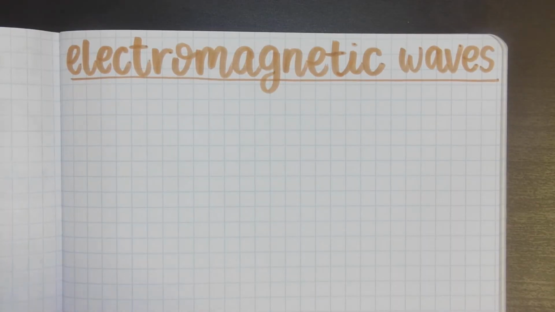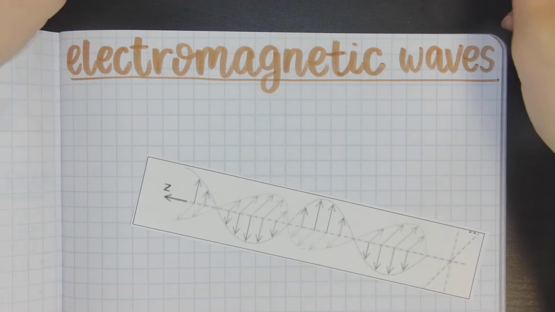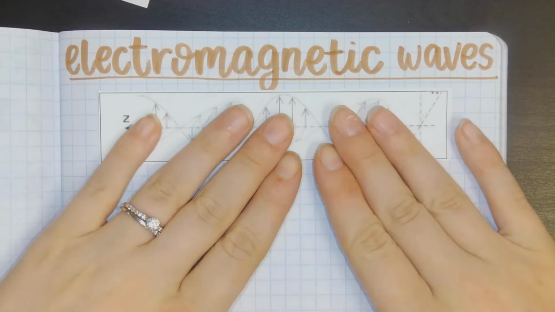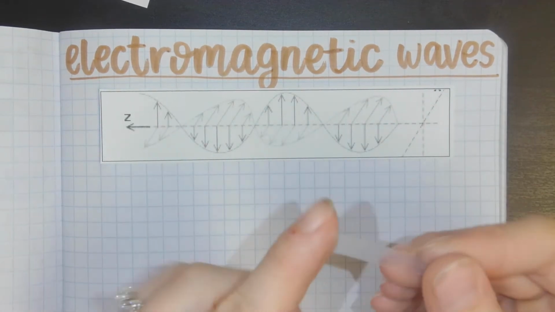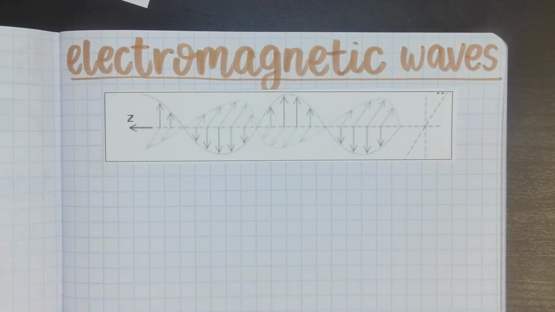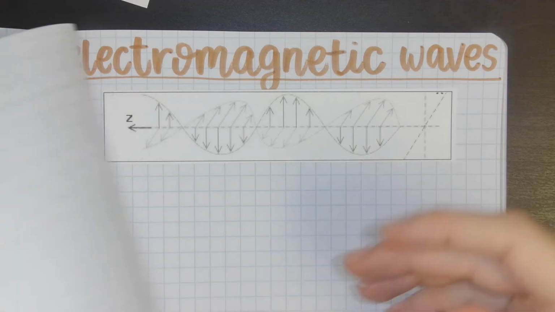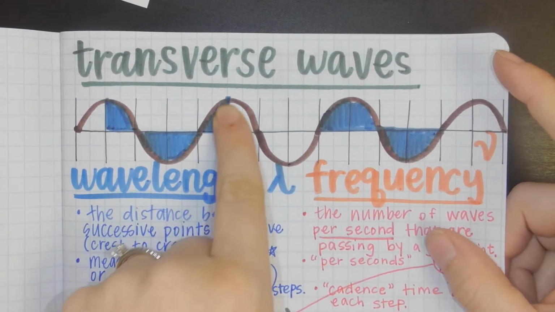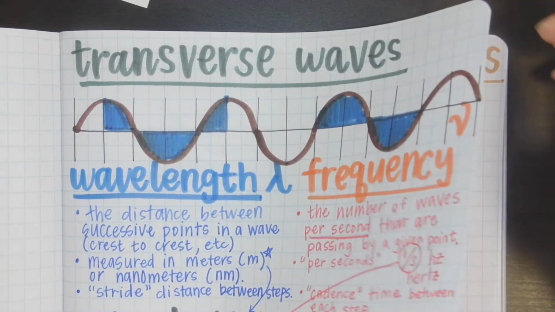All right, once you've got everything cut out, the way we're going to position this on the page, we're actually going to start with this one here, right up at the top. Just as a reference, we're not necessarily using this, but a transverse wave is just one that goes up and down.